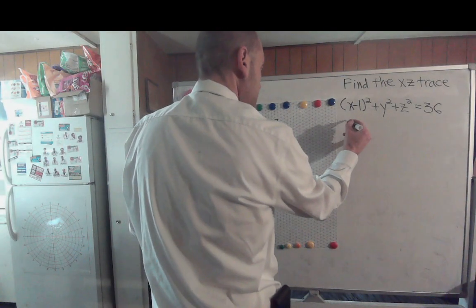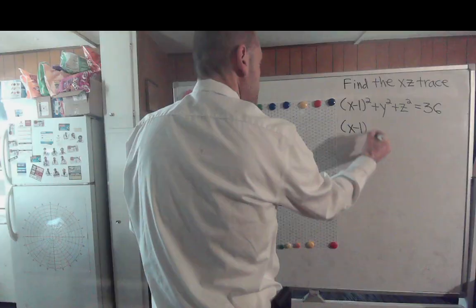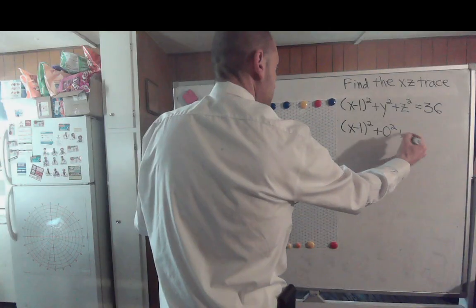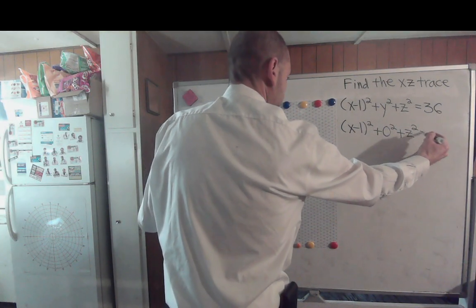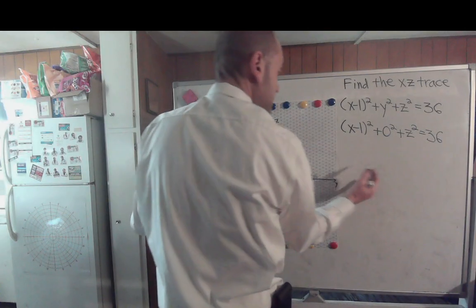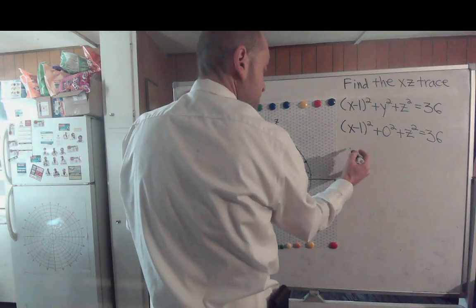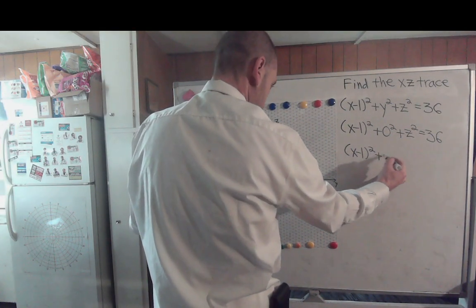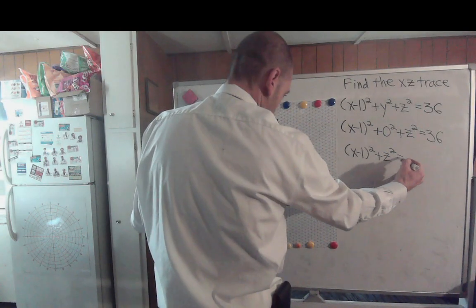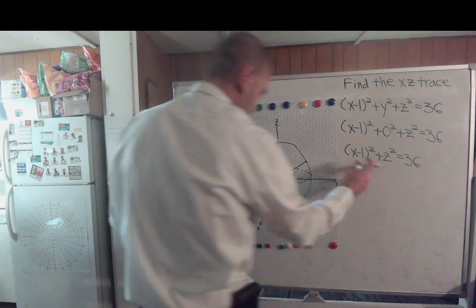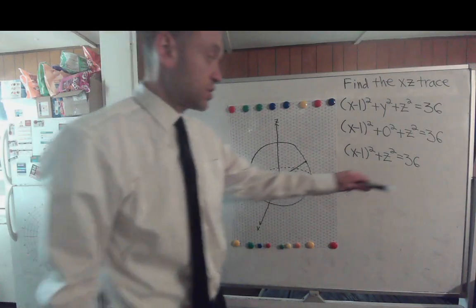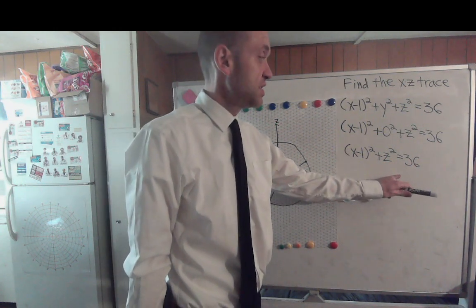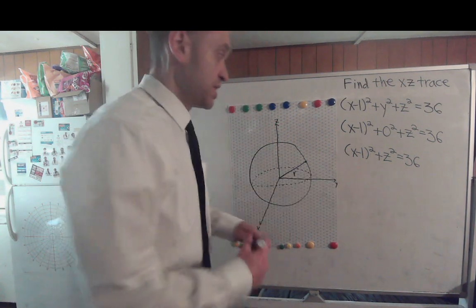So this will turn into (x − 1)² + 0² + z² = 36, which reduces to a circle with the equation (x − 1)² + z² = 36.